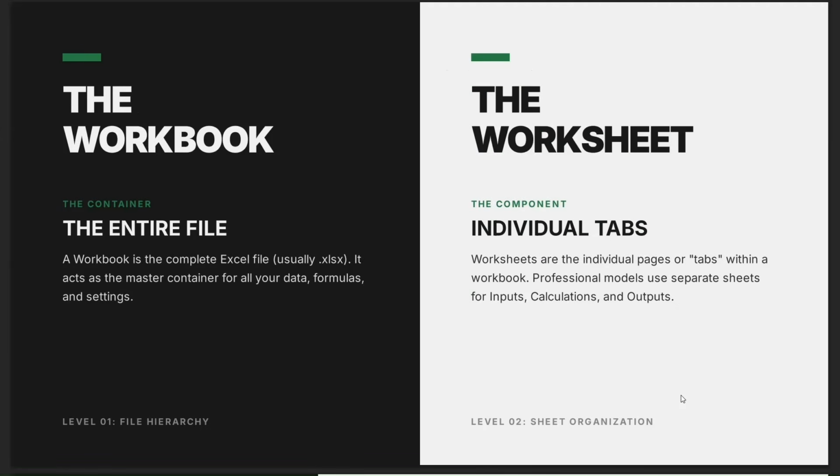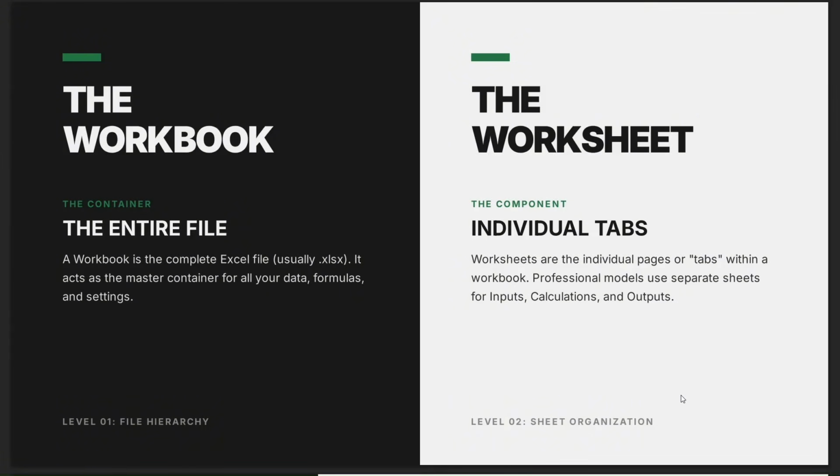So what is the difference between a workbook and a worksheet? You'll see me dive into this a lot more when we do the practical, so you need to differentiate between which one I'm referring to. The workbook is the entire file, the completed Excel file, and when you save it, you can see the extension .xlsx. It acts as the master container of your data, your formulas, and your settings.